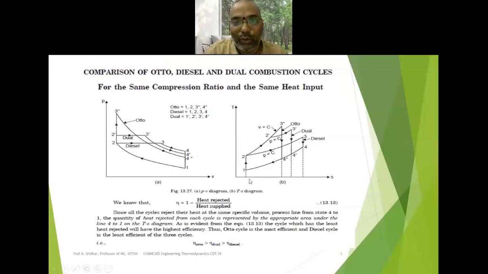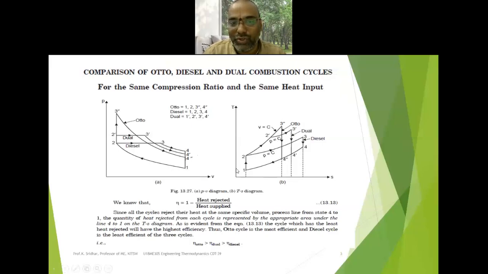So always you have to remember that for all the three cycles, 1 to 2 should be common. Why? Because of the same compression ratio. And similarly, all these points 4, 4 dash and 4 double dash, 1, should lie on the same line because of the same heat rejection in the exhaust stroke.